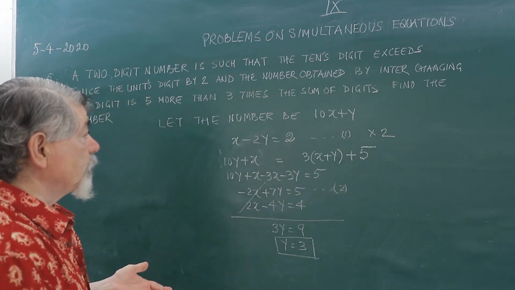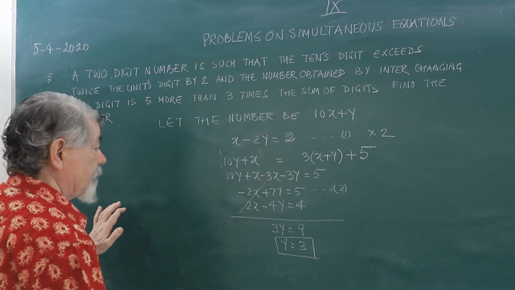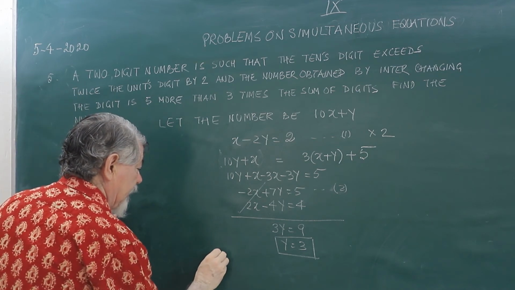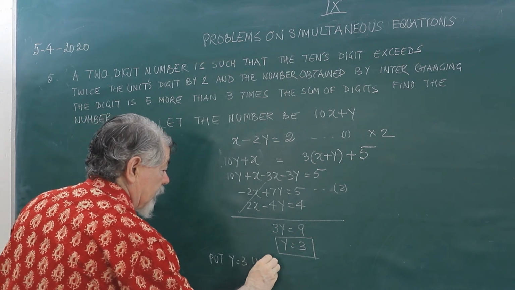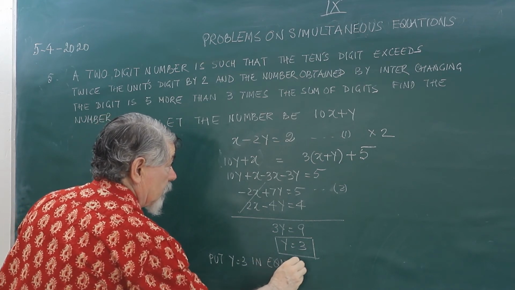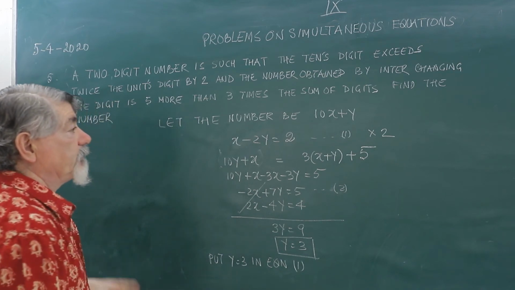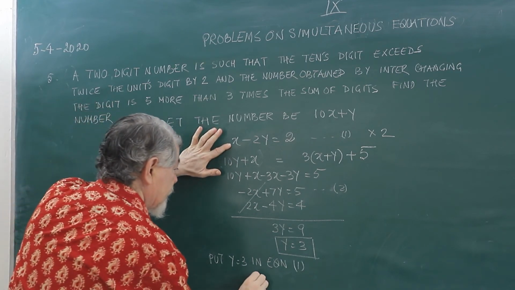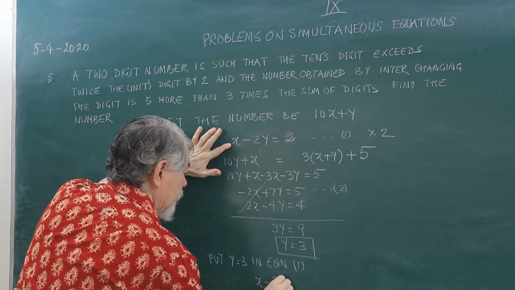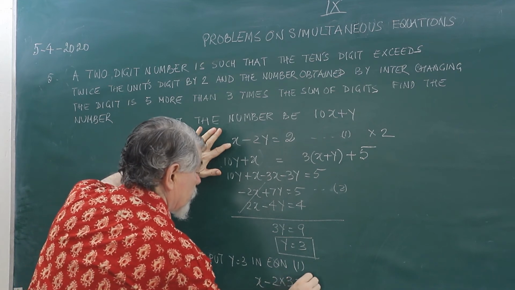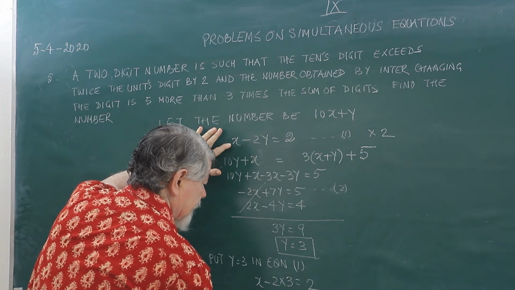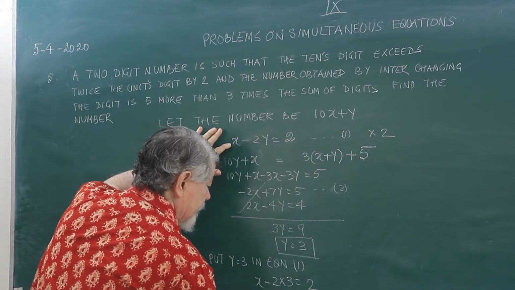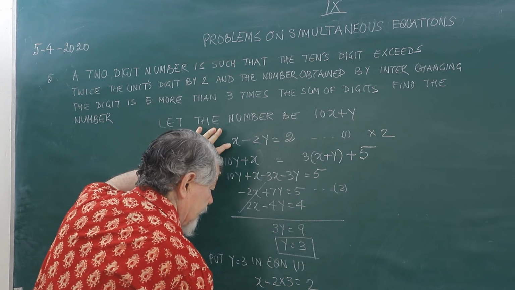Now put y is equal to 3 in equation 1. Equation 1 is x minus 2y is equal to 2. So x will be 2 plus 6, that is 8. x has come out to be 8.